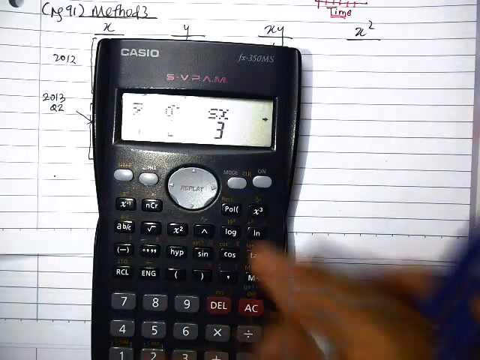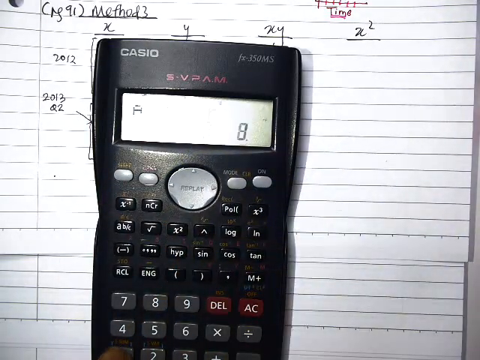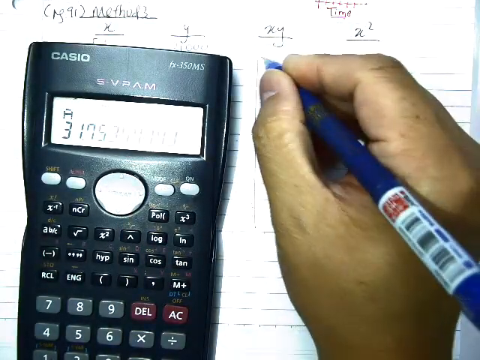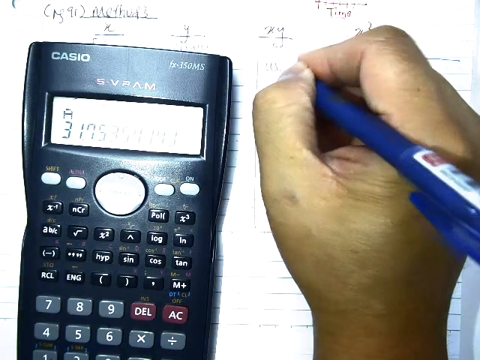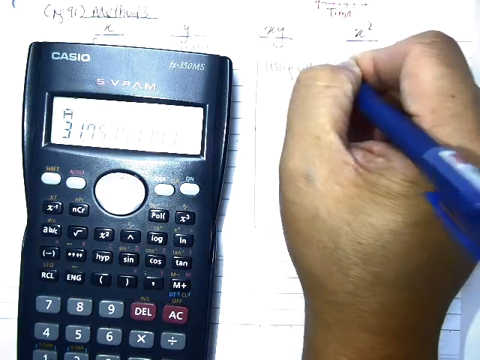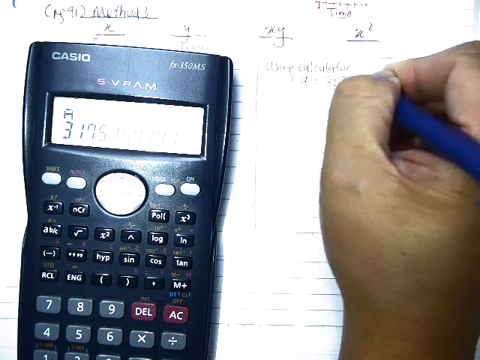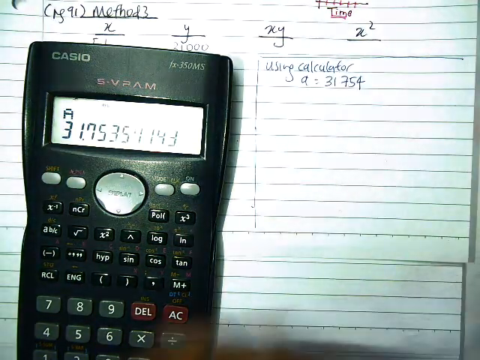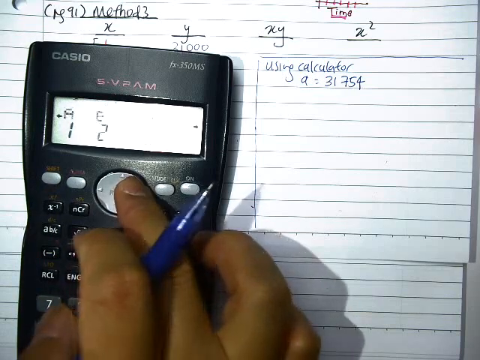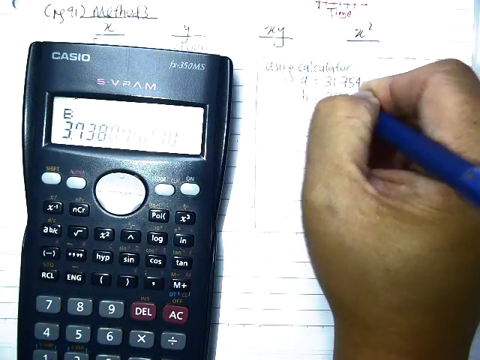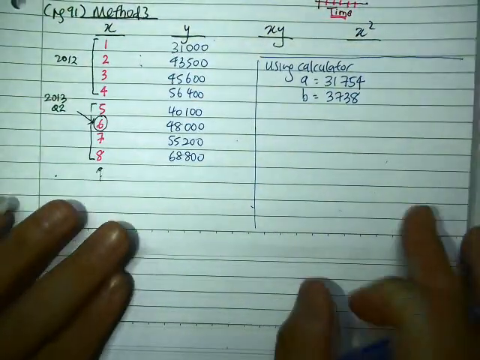So what is my answer? A value, I just do here. So using the calculator, A is 31754 and B value is 3738.